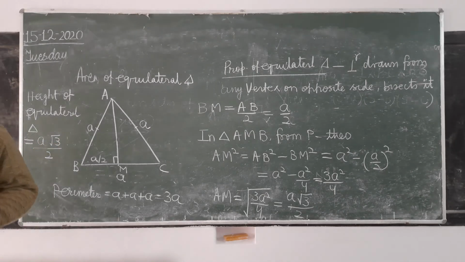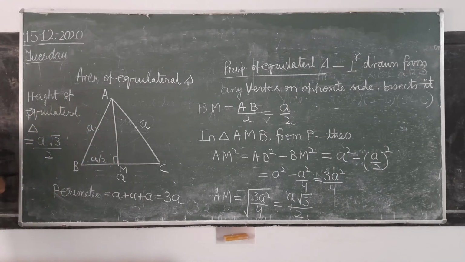And here A is the length of each side. So we can write side root 3 upon 2.